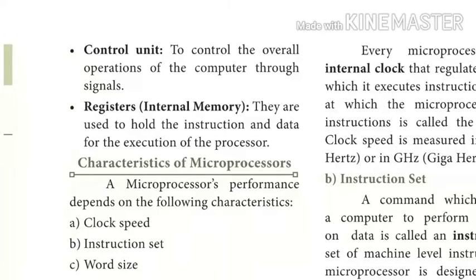This arithmetic and logical unit is responsible for addition, subtraction, multiplication, division, one's complement or two's complement. These are all the different types of input that are given to the microprocessor, and it will process them and you will get the required answer.